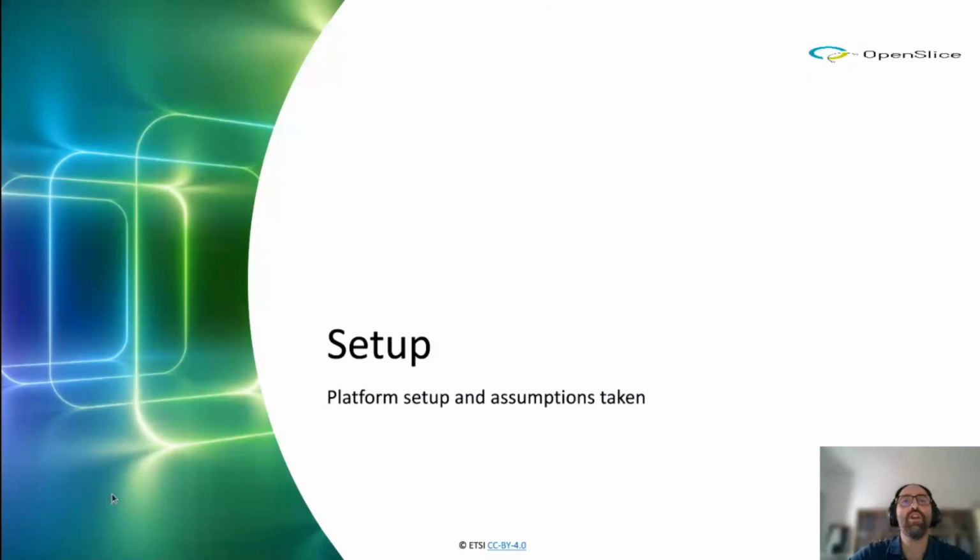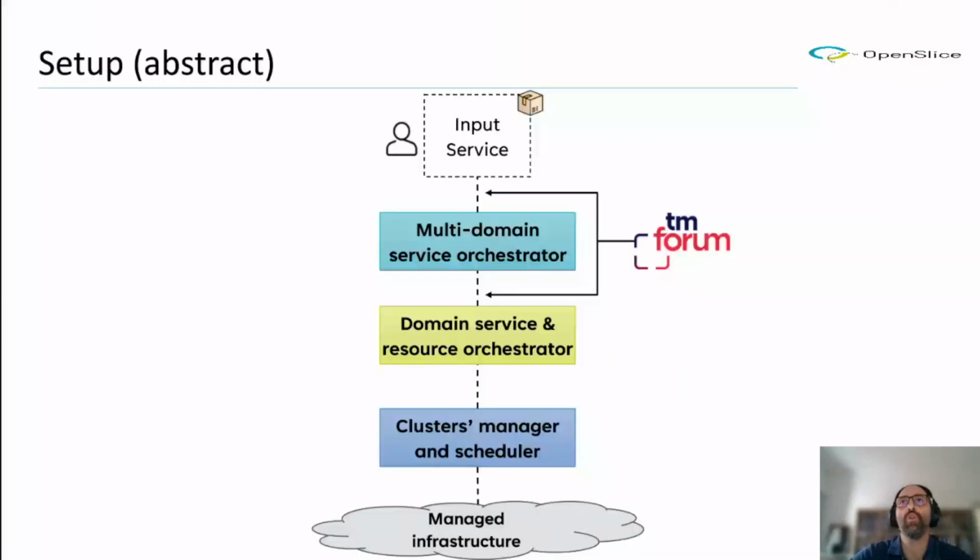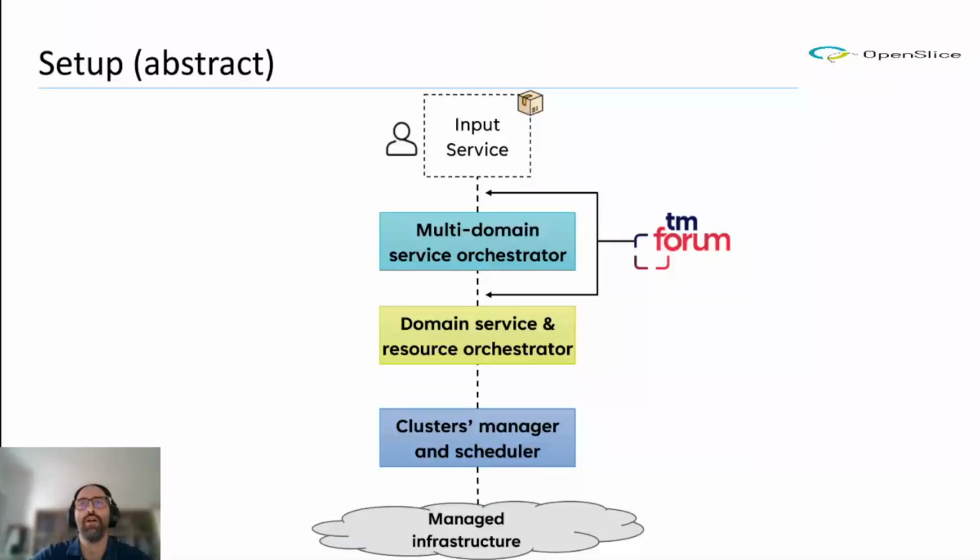Now, let's see our setup and some assumptions that we take before we submit the service order and manage the service via the API. We need an input service. We need to handle it through a multi-domain service orchestrator that manages the various domains that we have. Underneath, there is a domain service and resource orchestrator. The lower layer is a clusters manager and scheduler, and at the very end, a managed infrastructure.